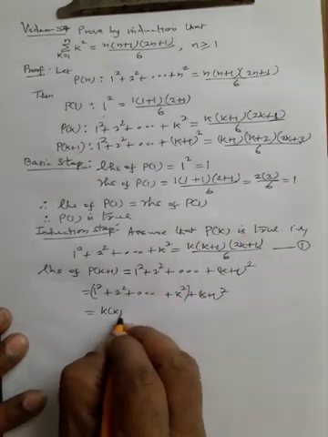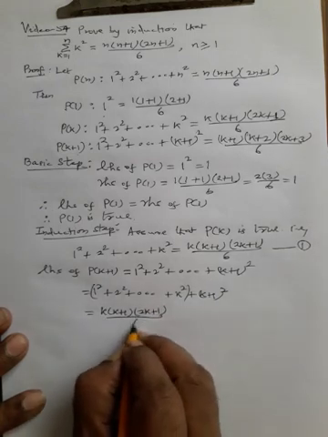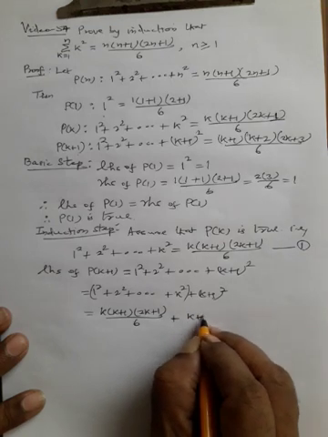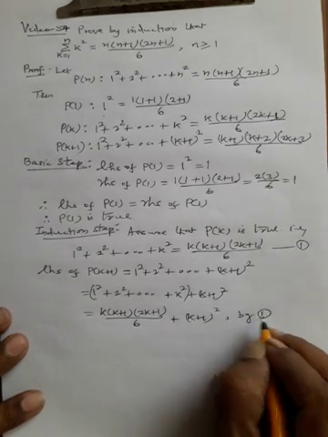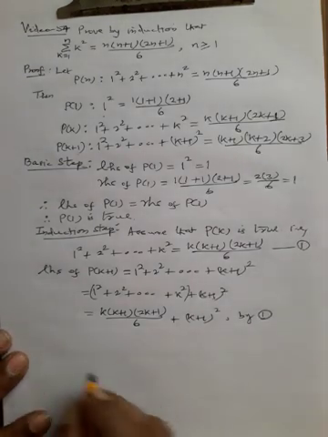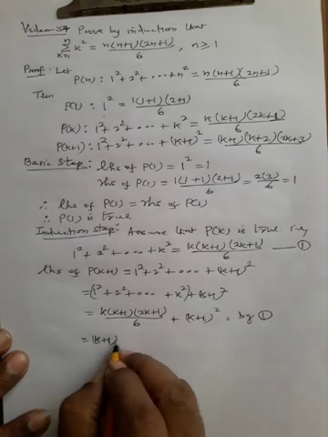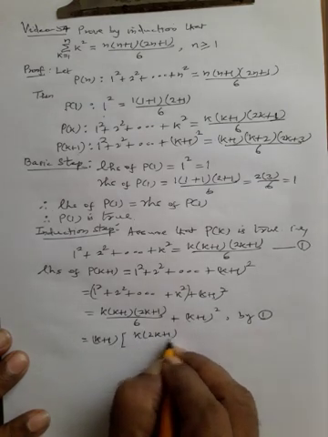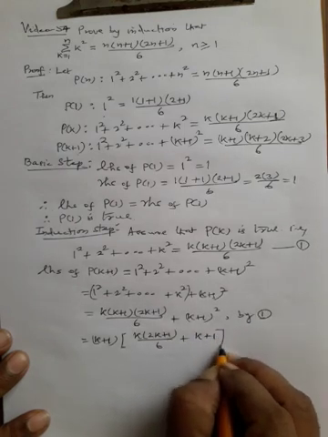So it is k into (k plus 1) into (2k plus 1) by 6, plus this term (k plus 1) whole squared, by equation number 1. Now we can take (k plus 1) common: (k plus 1) into [k into (2k plus 1) by 6 plus (k plus 1)].